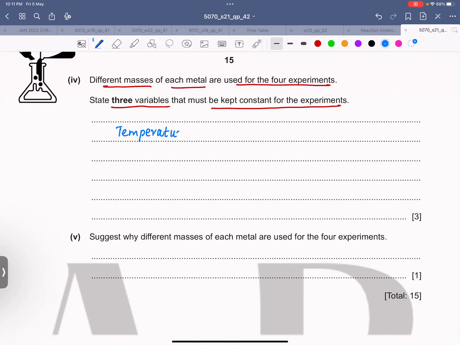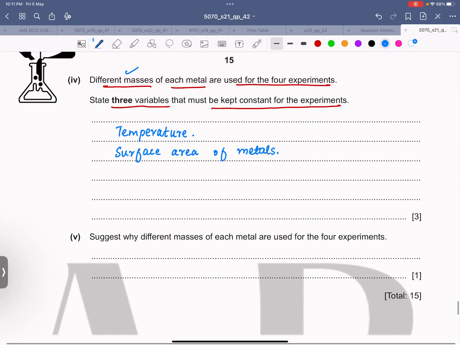The metals are solid, so the surface area of the metals as well.